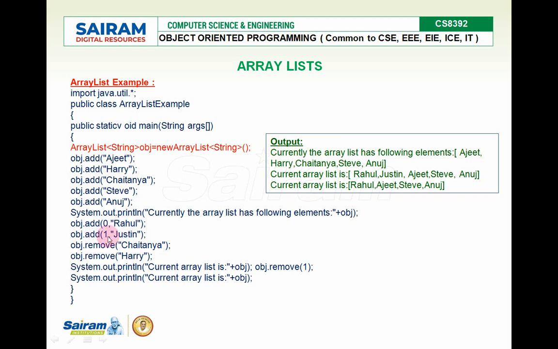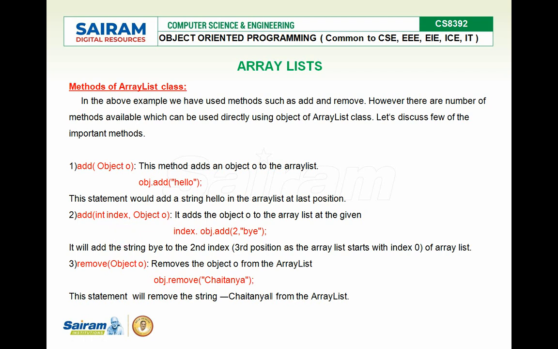And similarly in index 1, Justin is going to be added. So in this index location, the string is going to be added by the object. The index is supposed to come first, it is wrongly misplaced here. So the syntax actually is obj dot add, the location where you want to insert, and then the string object.